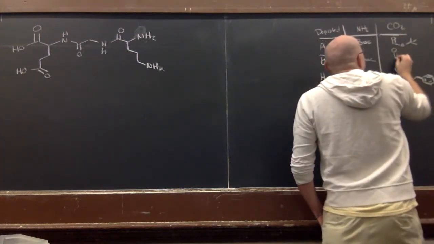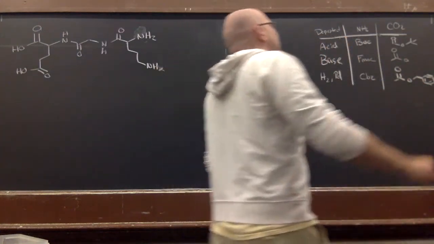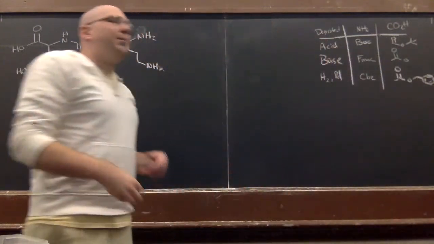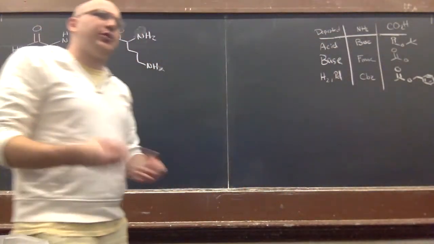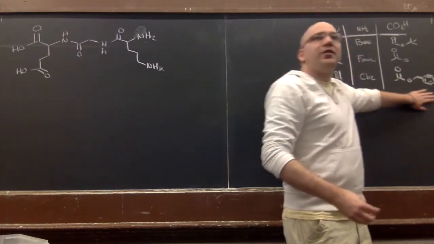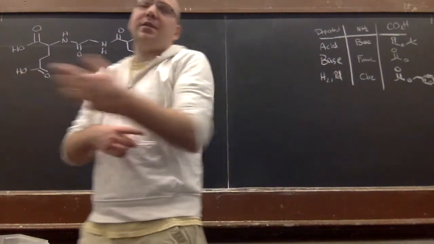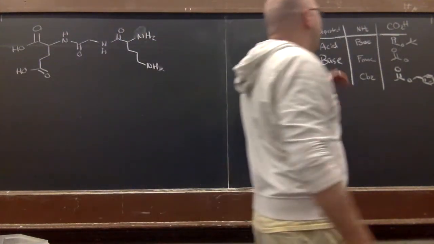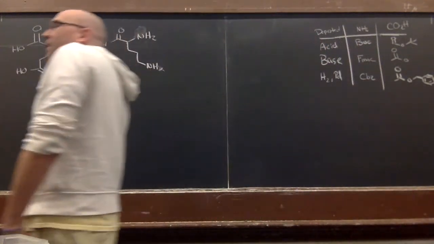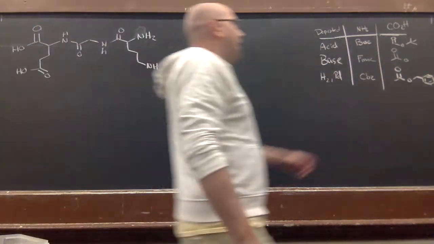From the standpoint of the basic one, people generally don't put fluorenyl methanols on esters. While this is analogous structurally, the benzyl part is the Cbz part and the tert-butyl part is the same as the Boc, we don't generally think about putting fluorenyl groups on esters.